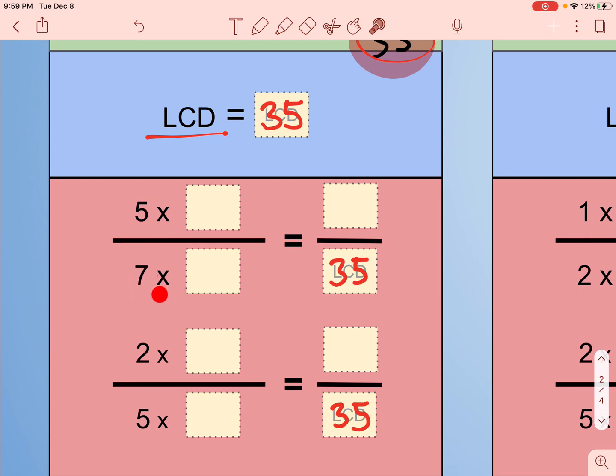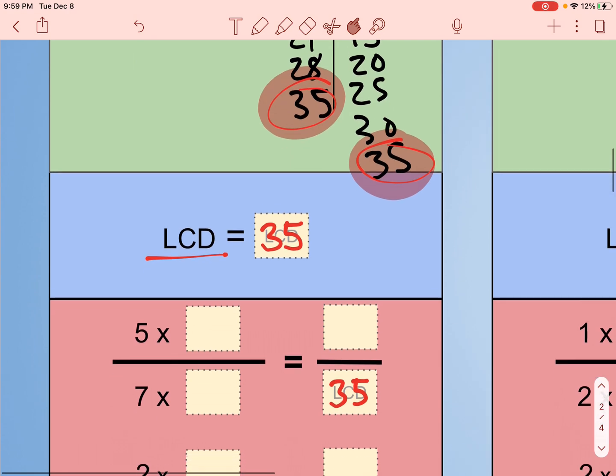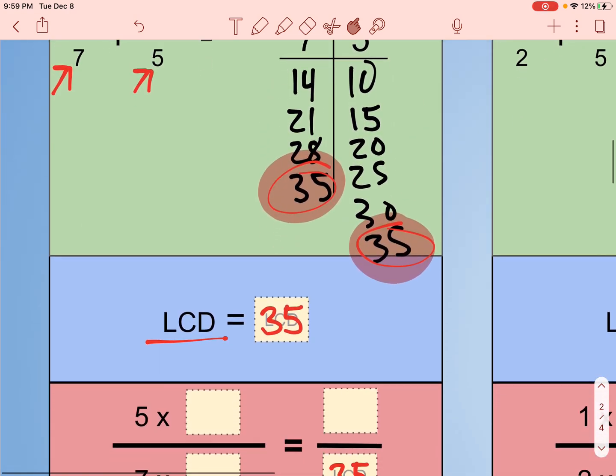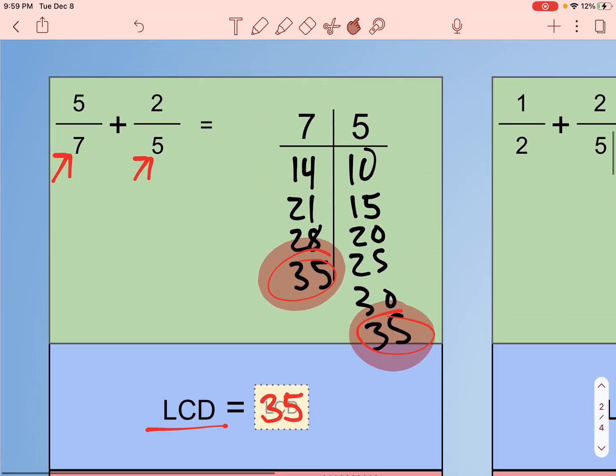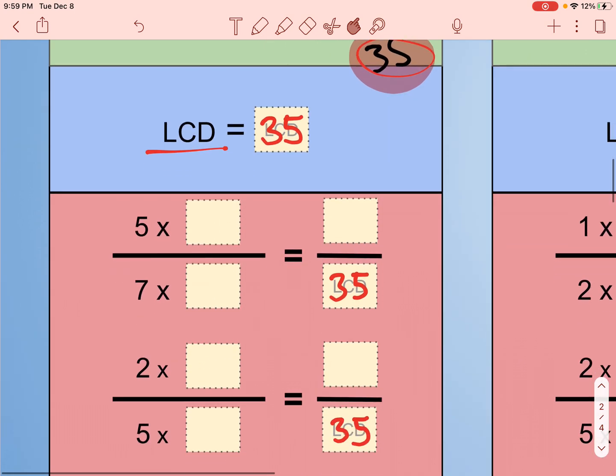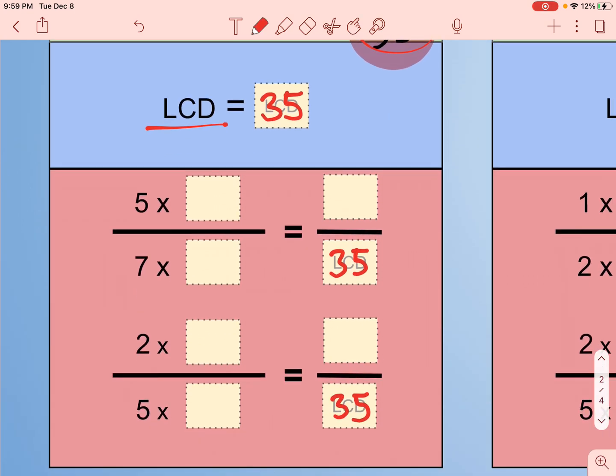7 times what equals 35? I happen to know off the top of my head that 7 times 5 equals 35. If I'm not sure, I can count: 7 times 1, 2, 3, 4, 5 equals 35. I'm going to write that down. 7 times 5 equals 35. But what do I put up here?